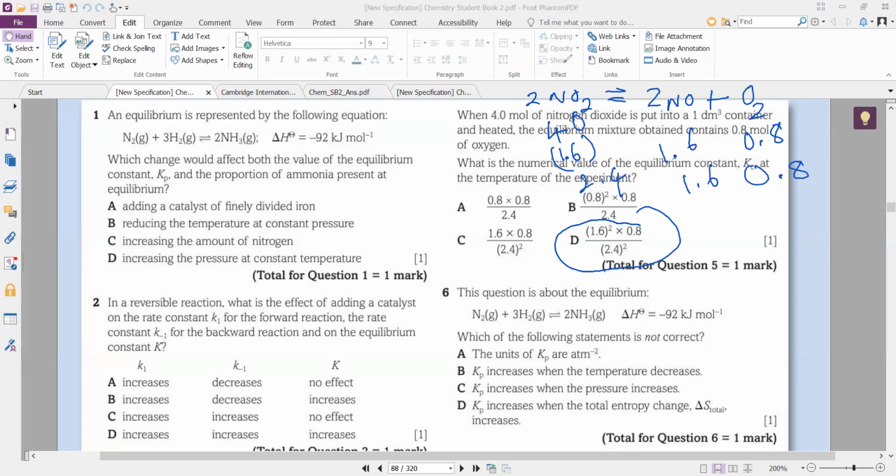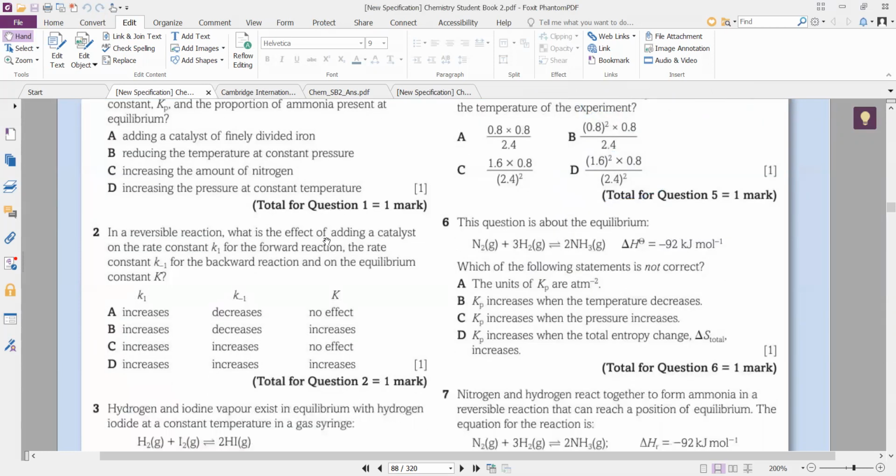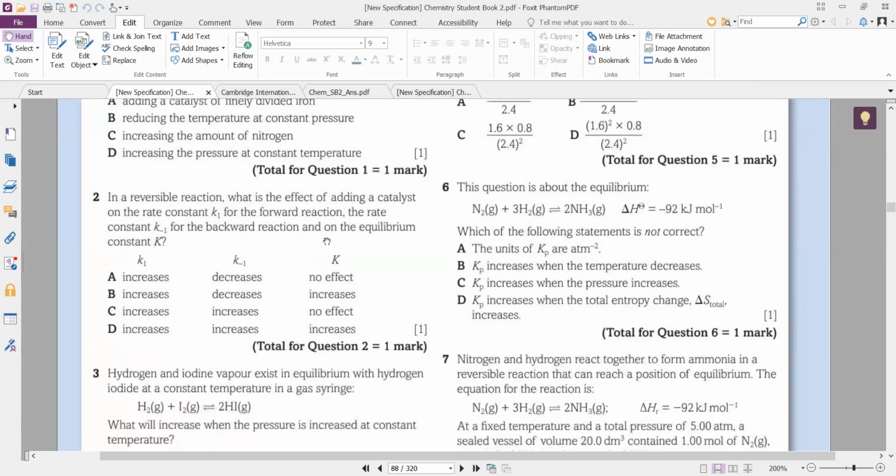Which of the following statements is not correct? The unit of Kp is atm minus 2. Yes, that is the unit of Kp. Kp increases when temperature decreases. This is an exothermic reaction.